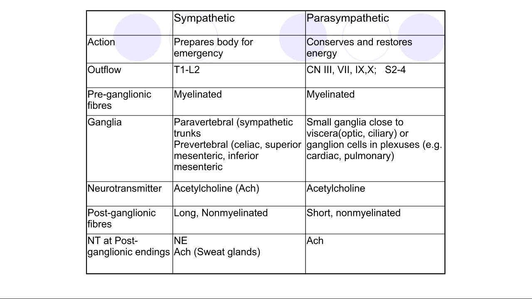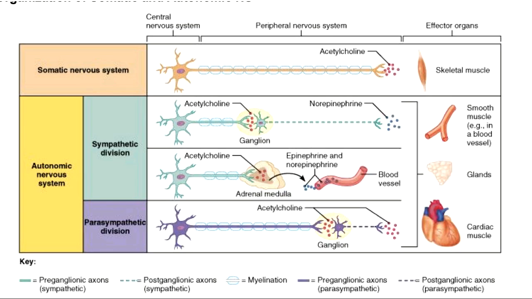For the parasympathetic pathway, the main neurotransmitter is acetylcholine. And here you have a cartoon just showing you that your preganglionic neurotransmitter in the sympathetic division is acetylcholine, and at the nerve endings it's norepinephrine, whereas your parasympathetic pre and post ganglionic neurotransmitter is acetylcholine.